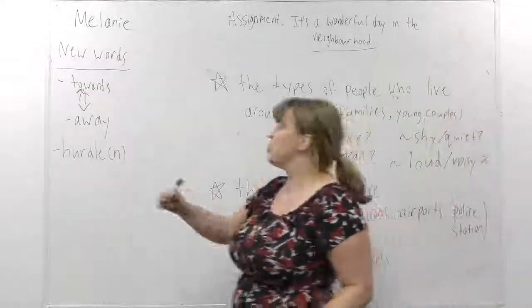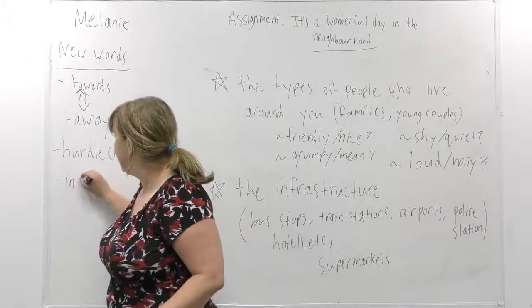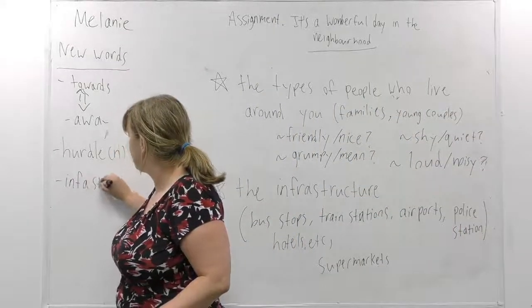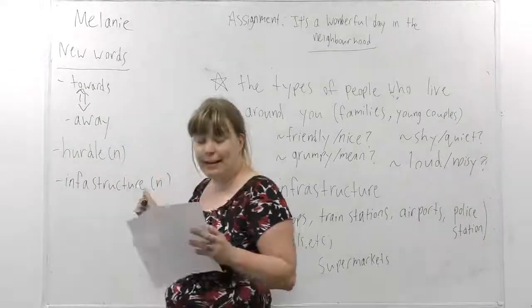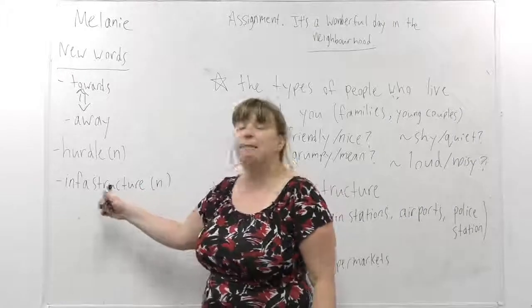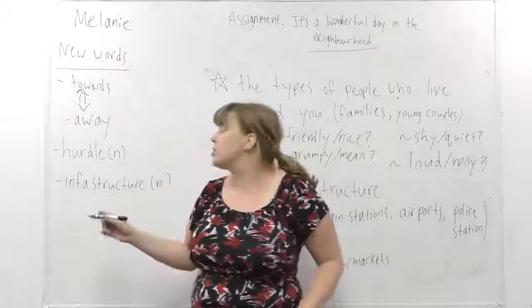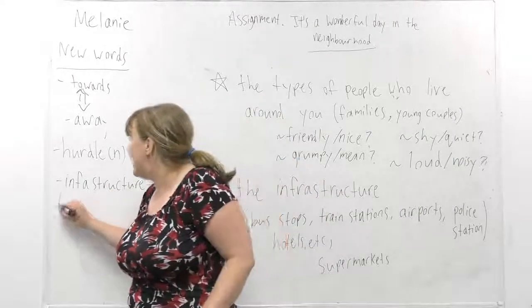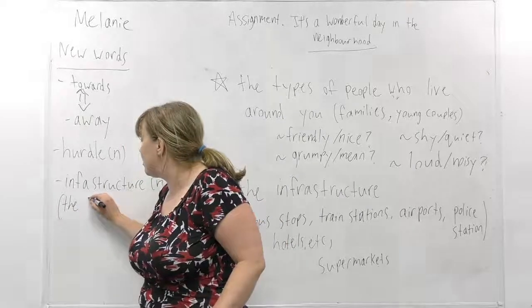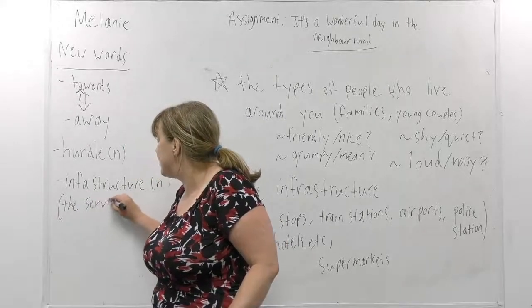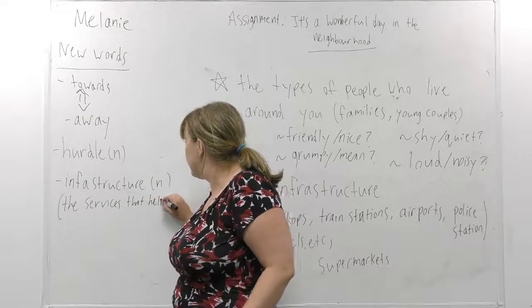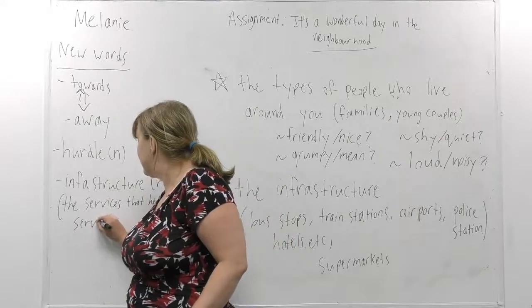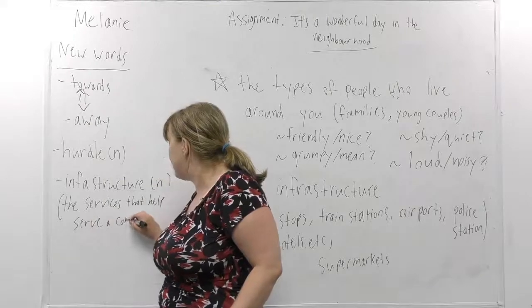Okay, so infrastructure. This is a good word. Infrastructure. This is a noun. N is for a noun. So infrastructure are the services that help serve the community. So the services that help serve a community.